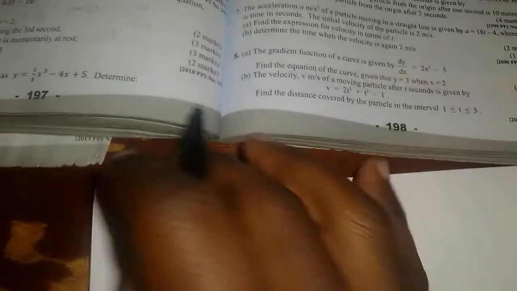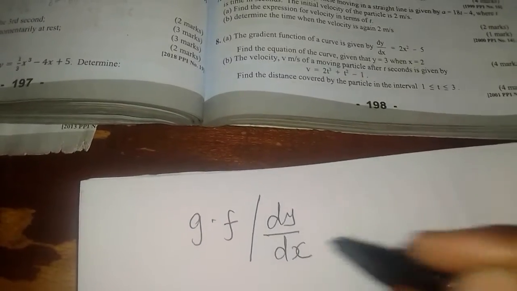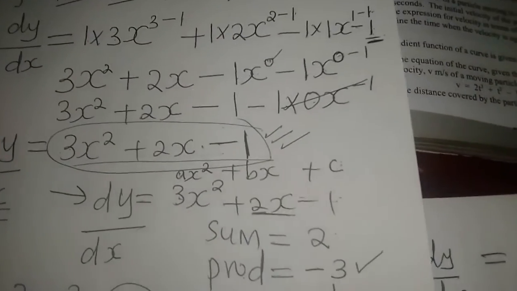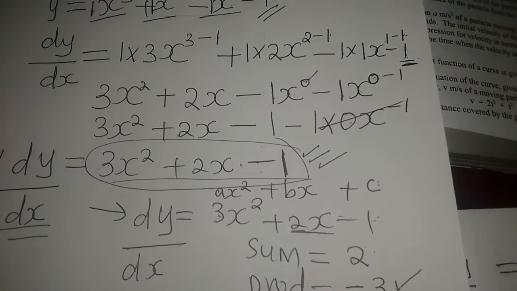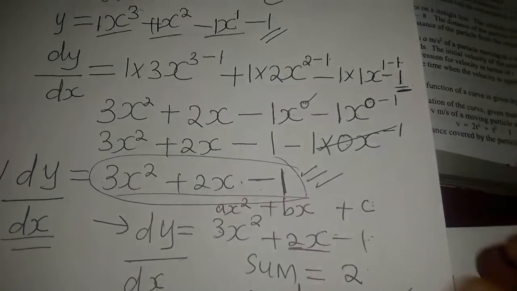So the gradient function, or the dy/dx, reads 3x squared plus 2x minus 1.